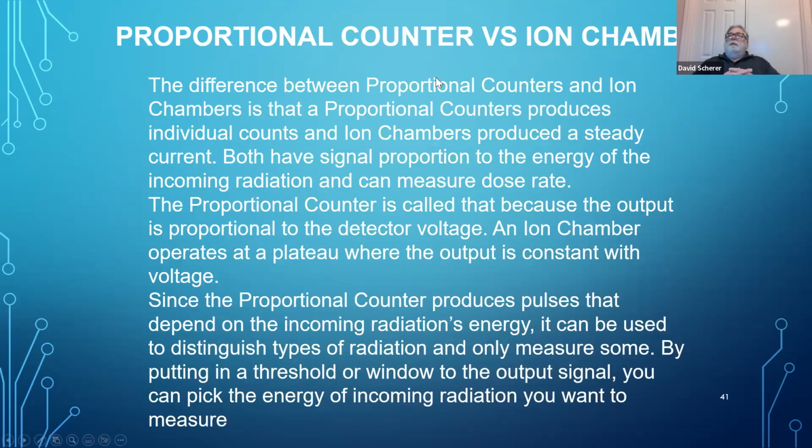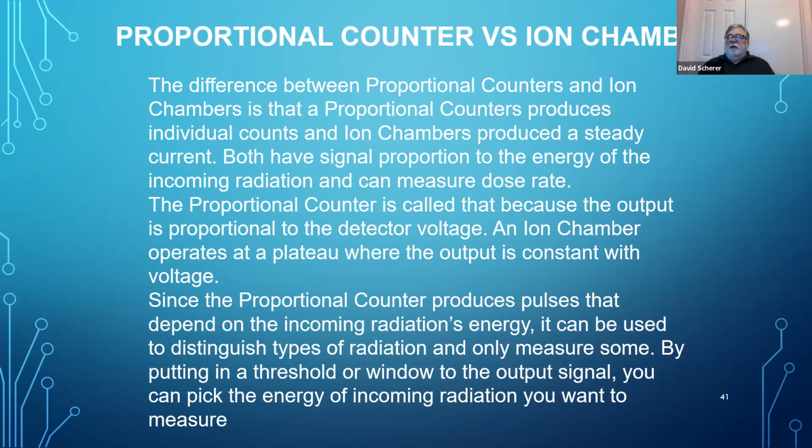Okay, what are the differences between a proportional counter and an ionization chamber? Let's compare the two. They both are gas-filled detectors. Both can count individual events or steady current to measure the radiation field. In the proportional counter, the output is proportional to the detector voltage. An ionization chamber operates at a plateau.